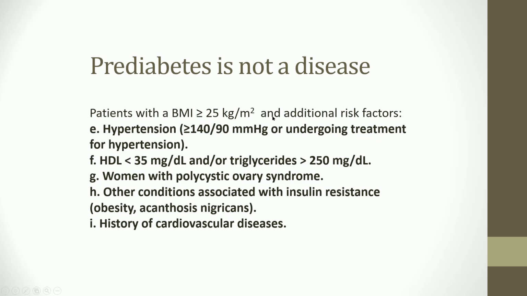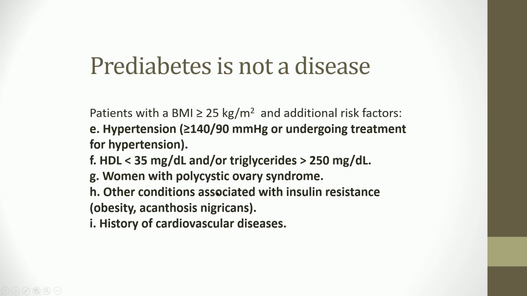Hypertension over 140 over 90 millimeters of mercury, or being treated for hypertension with normal measurements of arterial tension, a very low, quote-unquote, good cholesterol, so less than 35 milligrams per deciliter, or triglycerides very high, over 250.